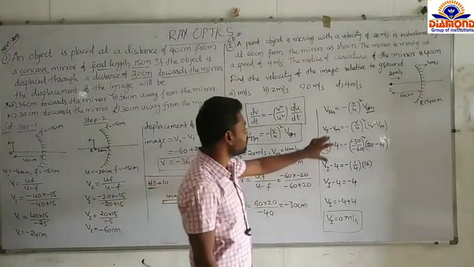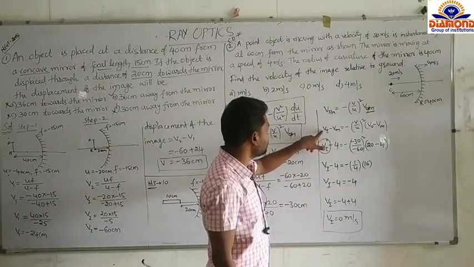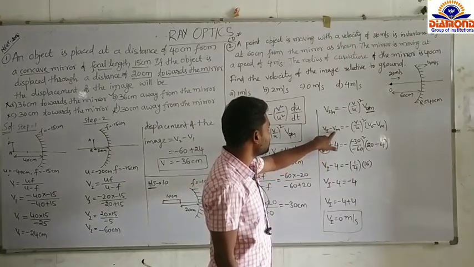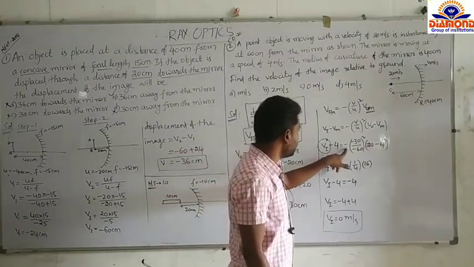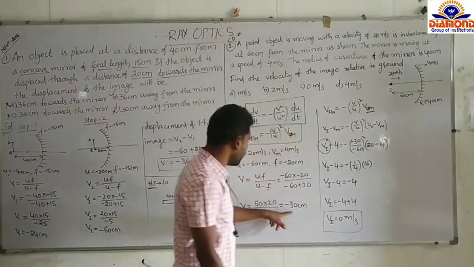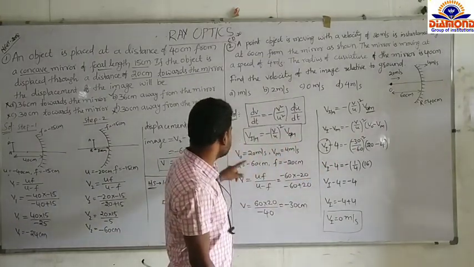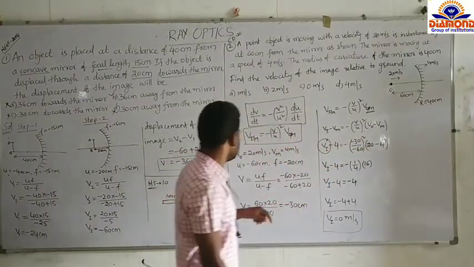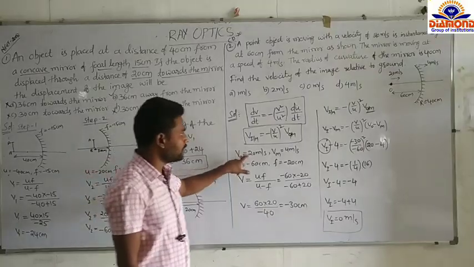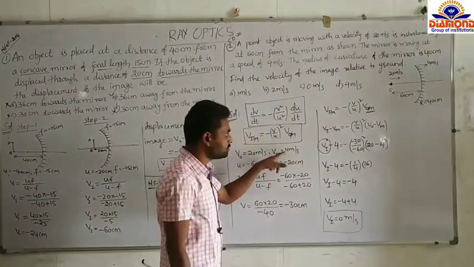So substitute all these values in this formula. Velocity of the image minus velocity of the mirror, which is already given as 4 meter per second, equals minus (v by u) whole squared: v value is minus 30, u value is minus 60, into velocity of the object, 20 meter per second, minus velocity of the mirror, 4 meter per second.